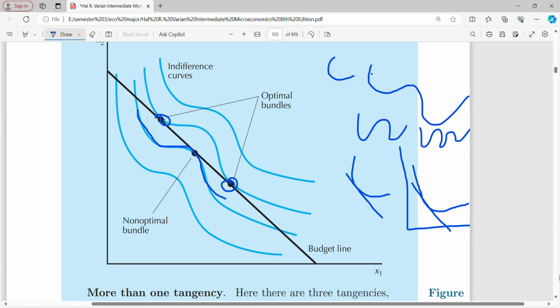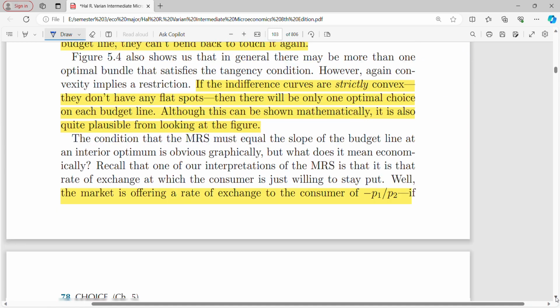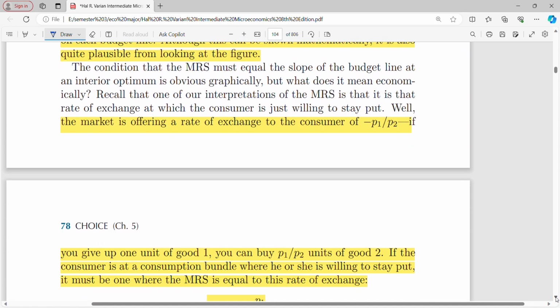And next is MRS. So the condition that the MRS must equal the slope of the budget line at an interior optimum is obvious graphically, but what does it mean economically?